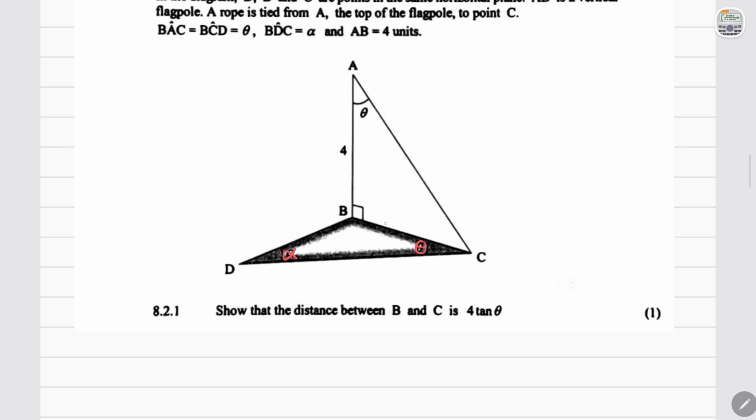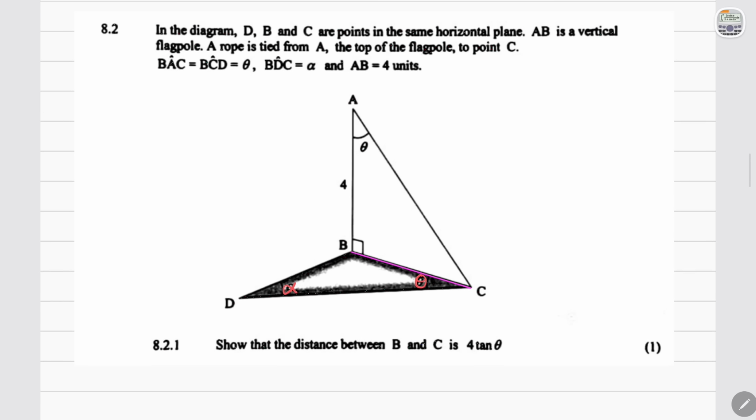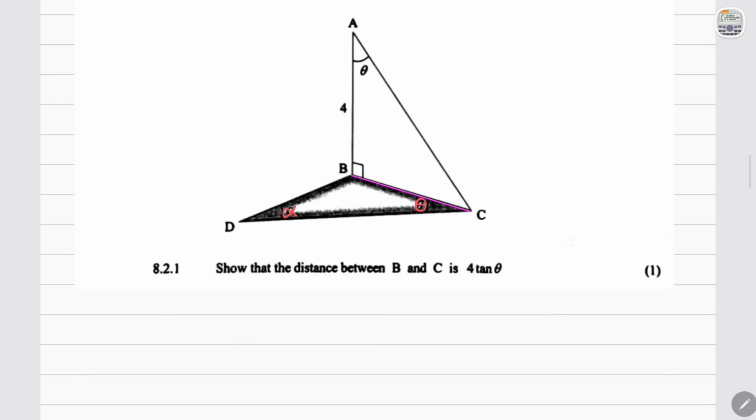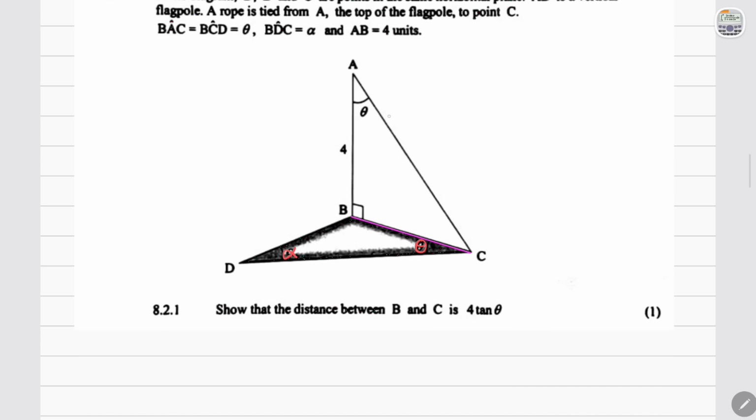So they're asking for BC, the distance between point B and point C. How do we find BC? It's part of a right-angled triangle, so we can use trig ratios like we did here. Let's see how we can find this using everything we have.